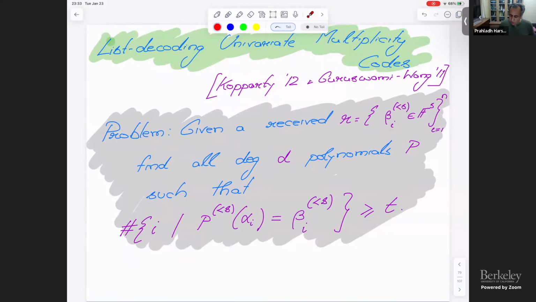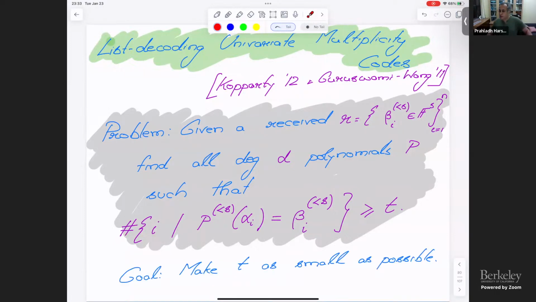And you want to find all degree d polynomials P which have good agreement with the given received word, that is, agreement at least T. If T were the distance over 2, this would be unique decoding, and we want to find as small a T as possible. If we can make T go all the way up to 1 minus R s plus 1, that says it goes up to capacity.